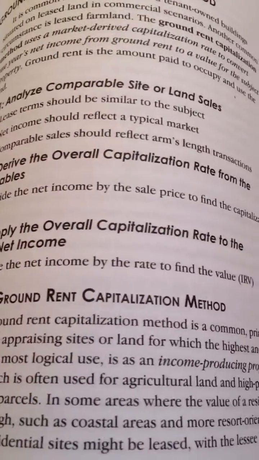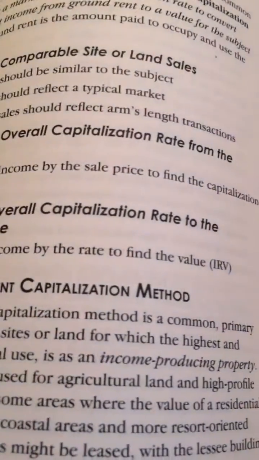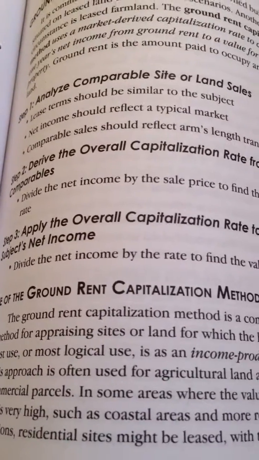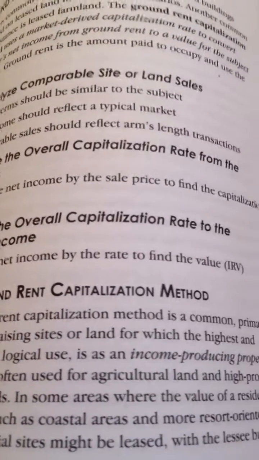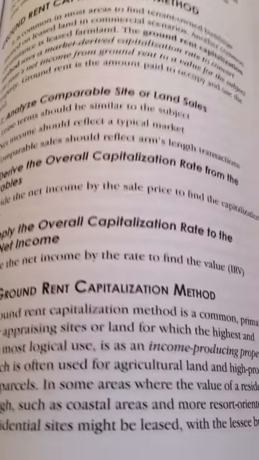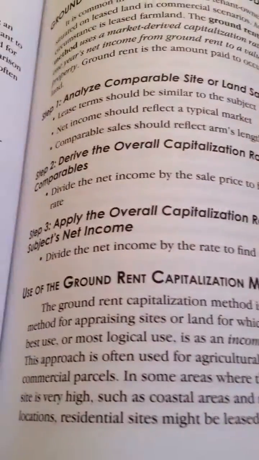Use of the ground rent capitalization method. The ground rent capitalization method is a common primary method for appraising sites or land for which the highest and best use or most logical use is as an income-producing property.